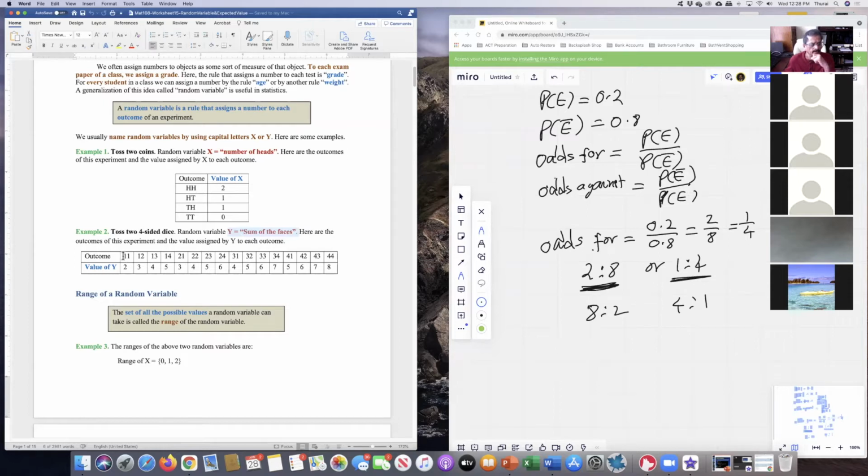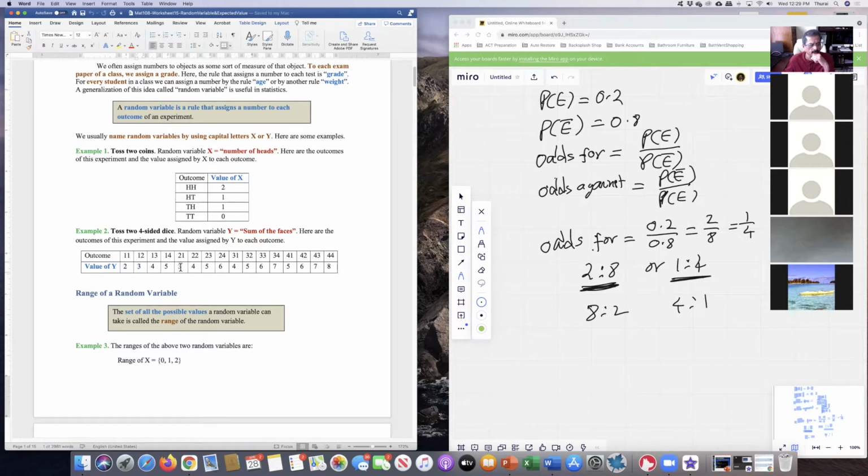The outcomes of tossing two 4-sided dice, I have written all of them: 1, 1; 1, 2; 1, 3. These are all of the outcomes. And here are the values. If the outcome is 1 on the first die and 1 on the second, then the sum is 2. It's as simple as that. As you can see, the value 3 occurs more than once.